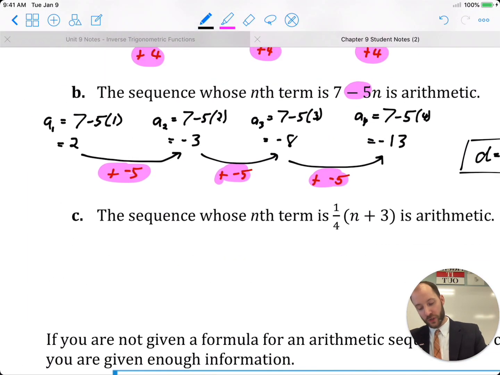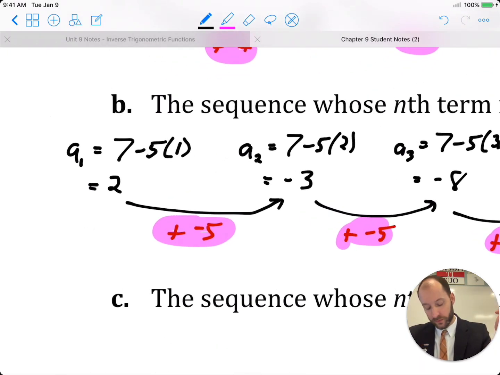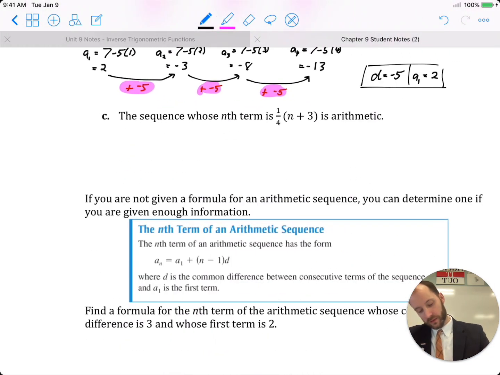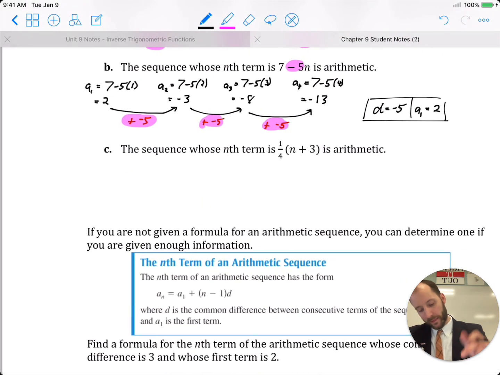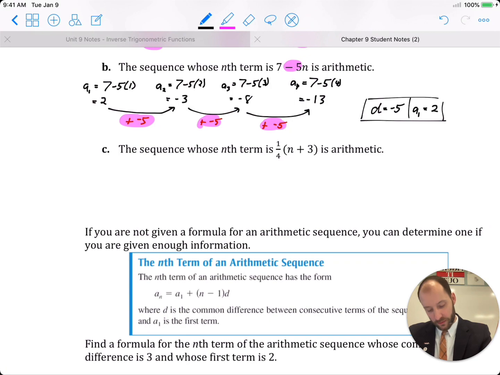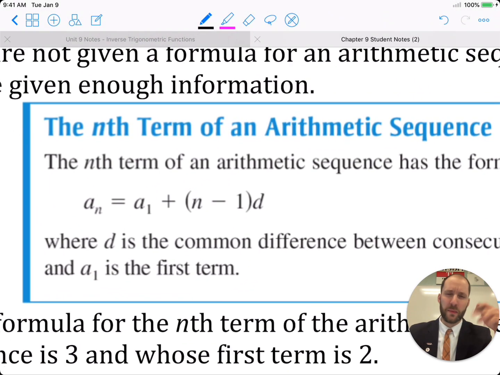Because for your first term, you're not really adding any common differences. Then your second term, you're adding 1. Your third term, you're adding 2. Your seventh term, you're adding 6 of those common differences.